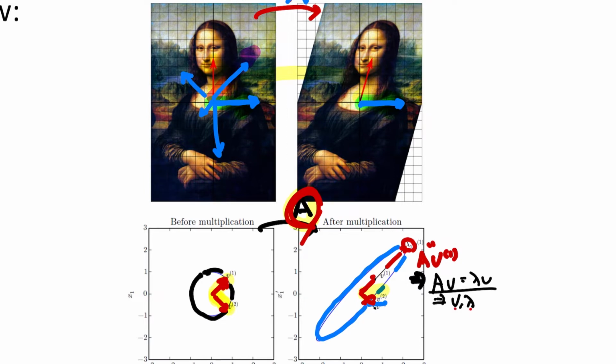But there are some vectors that keep the same direction and only differ in magnitude before and after the transformation. In this case, such a vector is called an eigenvector, and the corresponding magnitude is called the eigenvalue, right?